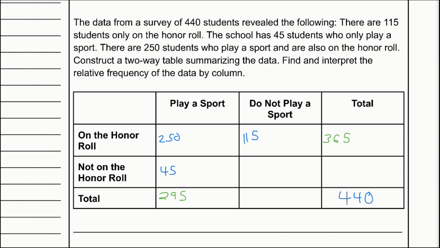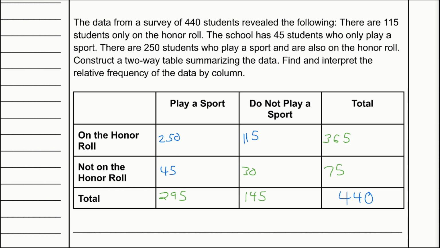My total not on the honor roll would be my total 440 minus 365. Get 75. And then my total not play a sport would be 440 minus 295. 145. So there's that. Oh, we're missing the middle. I'm going to take that 145 minus 115. Okay. So that is your two-way table.